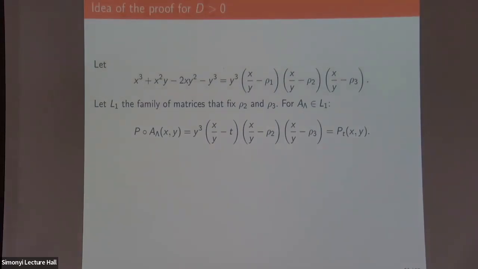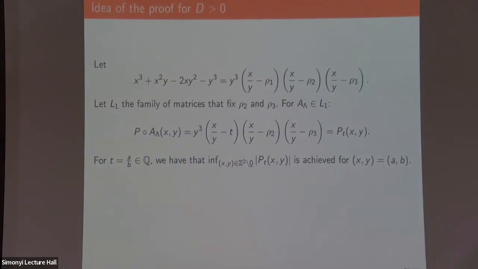Okay, so this is a curve, because we have wasted 2 dimensions to fix 2 of the roots, and we have 1 more dimension to play with. On this orbit, P composed with these matrices has this form: 2 fixed roots, and 1 of the roots became a variable.